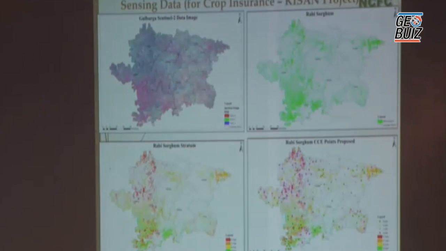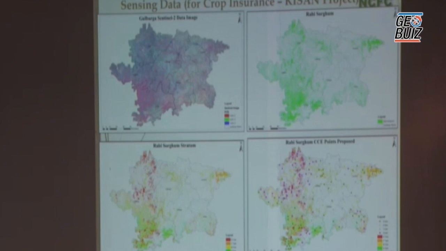As you know, recently there has been a lot of talk about using satellite technology for the crop insurance program, where we are trying to use satellite data and the crop condition information derived from the multispectral data to do a real-time crop condition assessment so that it can be used for crop cutting experiment planning.